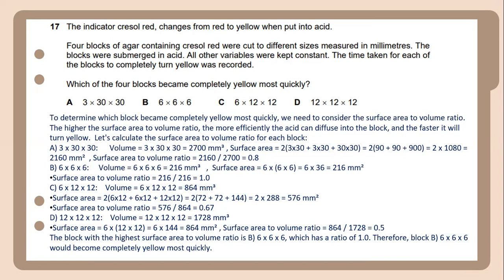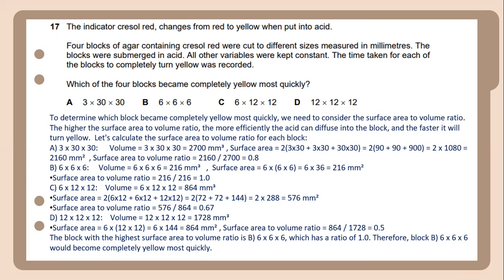For example, if you look at answer A, 3 multiplied by 30 multiplied by 30, you get the volume of 2,700 cubic millimeters. And for the surface area, you get the value of 2,116 square millimeters.